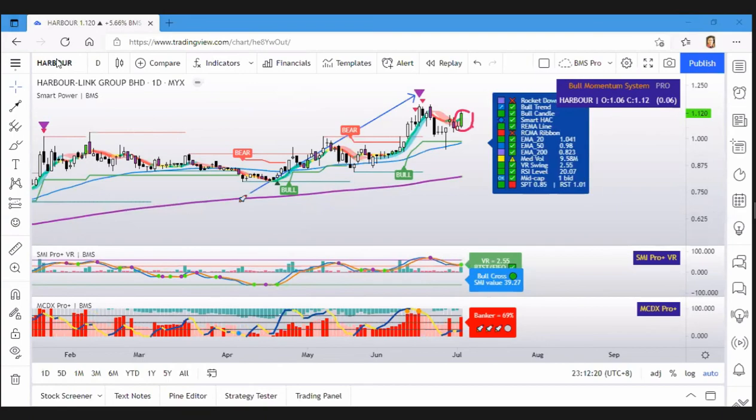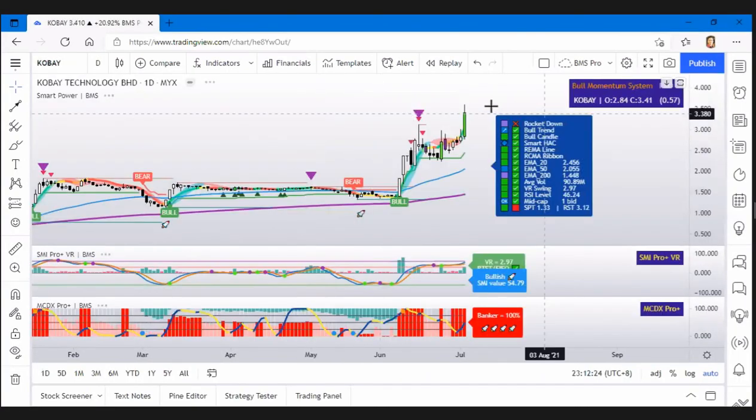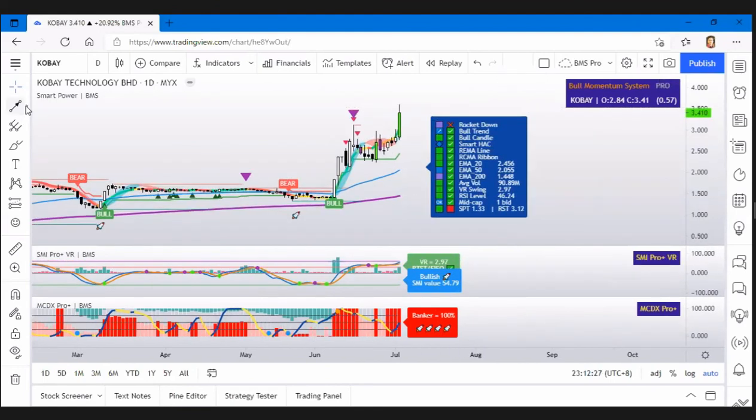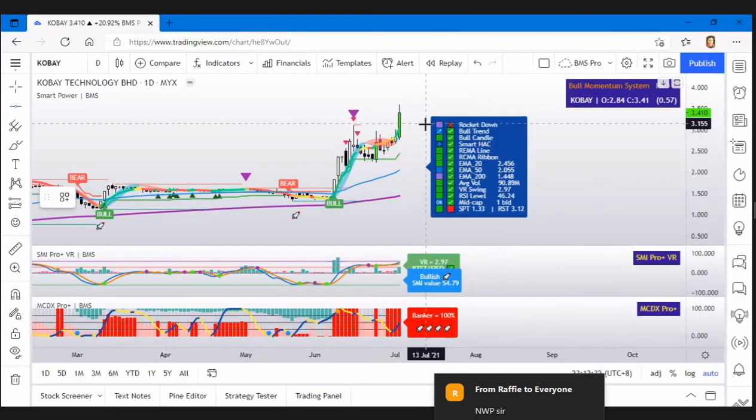Kobe. Kobe is very strong because it breaks out. This is interesting. You can see a purple triangle here.